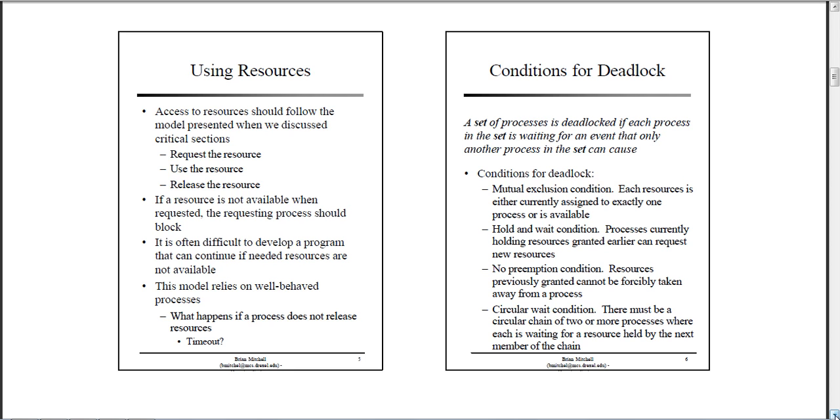Hold and wait condition: a process currently holding resources granted earlier can request new resources. No preemption condition: resources previously granted cannot be forcibly taken away from a process. And circular wait condition: there must be a circular chain of two or more processes where each is waiting for a resource held by the next member of the chain.